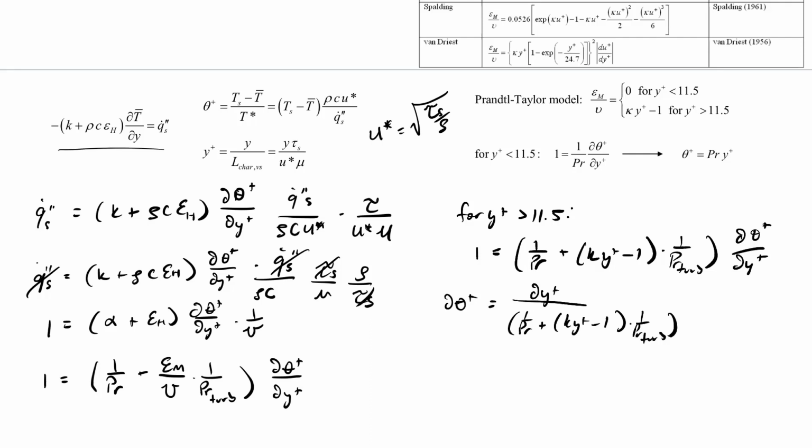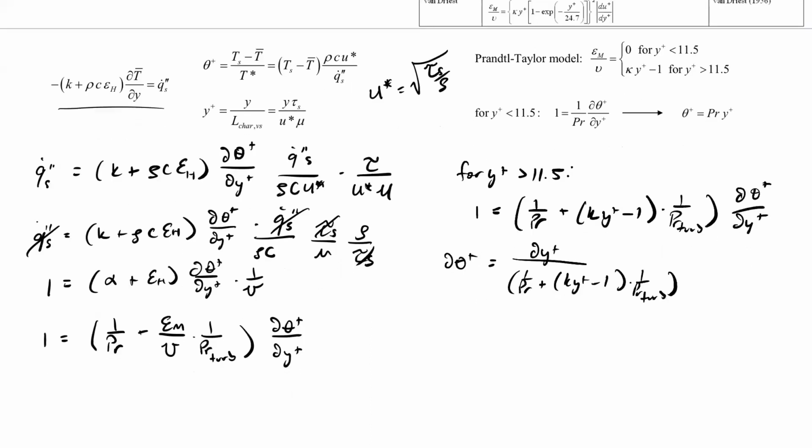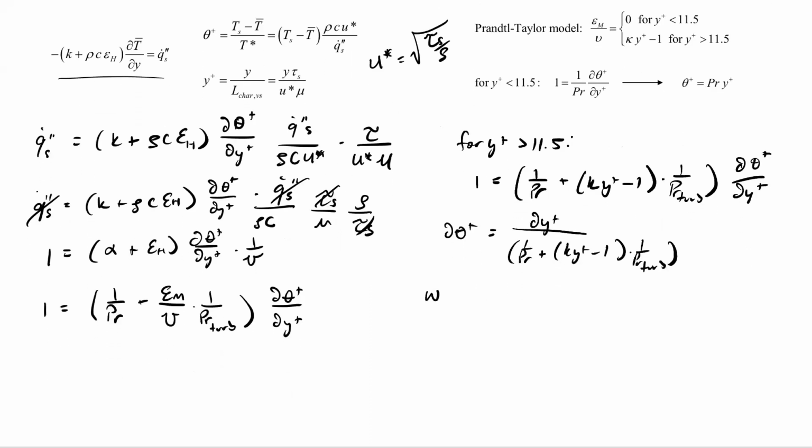We have y plus in the denominator, and it's part of that whole mess of stuff. So let's make our lives a little easier and introduce a new variable. We'll call it w, and w is going to be defined as just the argument there. So it's 1 over Prandtl plus kappa y plus minus 1 times 1 over Prandtl turbulent.